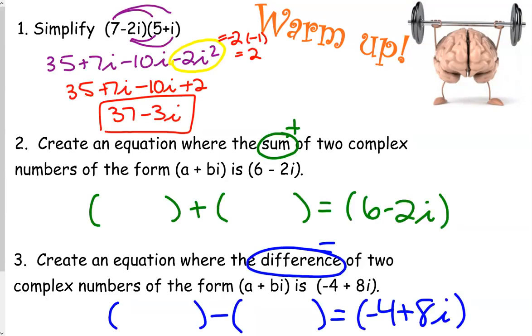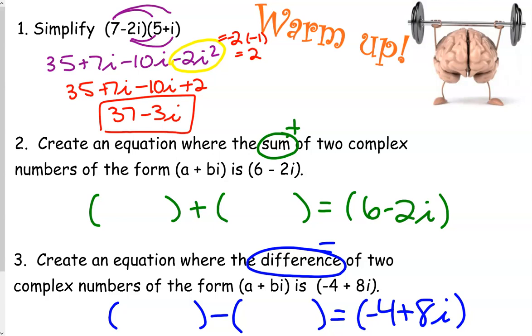All right, so number 1, when you multiply your complex numbers together, remember we do the distribution method of FOIL: multiply the first pieces, the outside pieces, inside, and then last. So we get 35 plus 7i minus 10i minus 2i squared. Remember, i squared is the same thing as negative 1, so to say negative 2i squared is the same thing as saying negative 2 times negative 1, which equals 2.